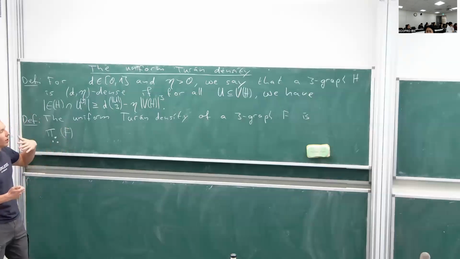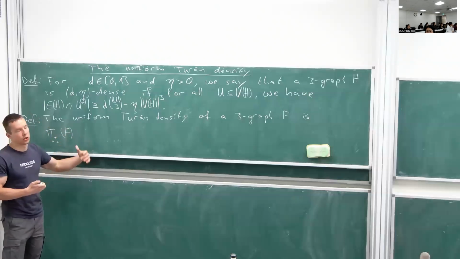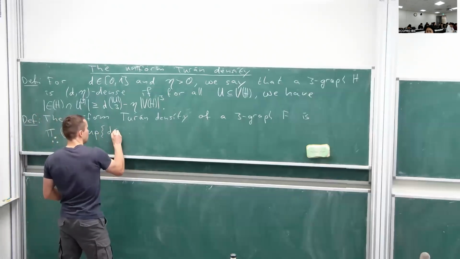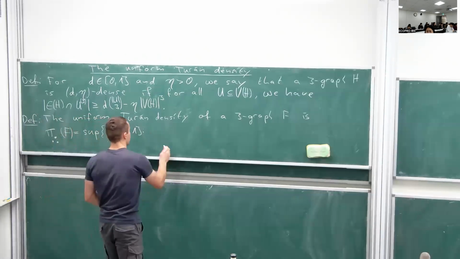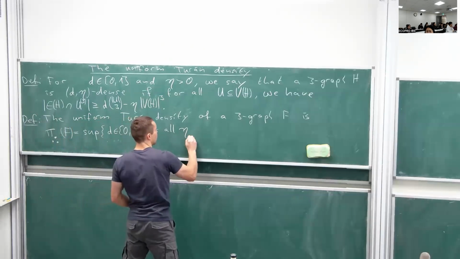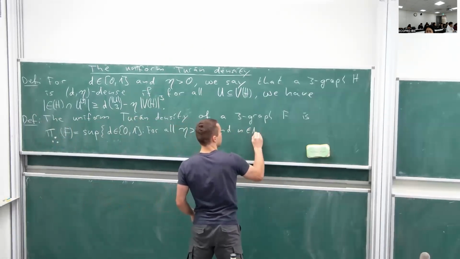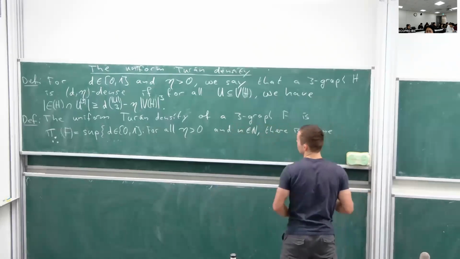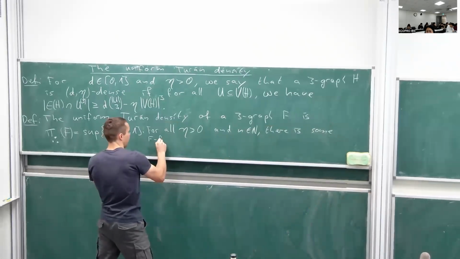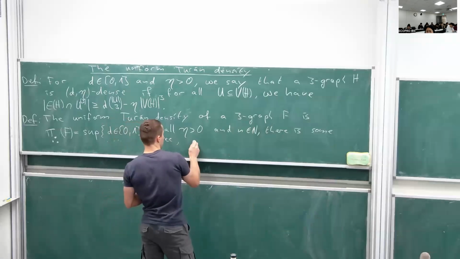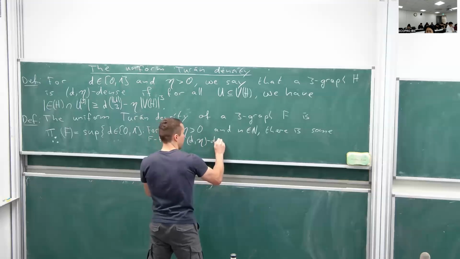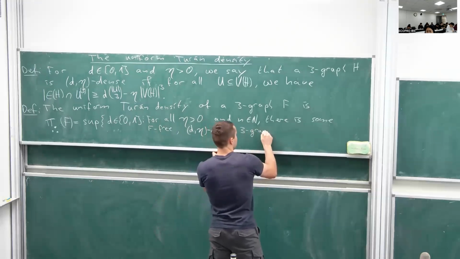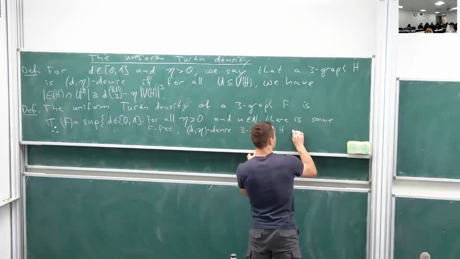So then it would be a threshold for the density in that form of quasi-randomness above which you're forced to contain the k-graph F. So this is the supremum over all d such that for all eta and n there is some F-free, eta-dense graph H on at least n vertices.